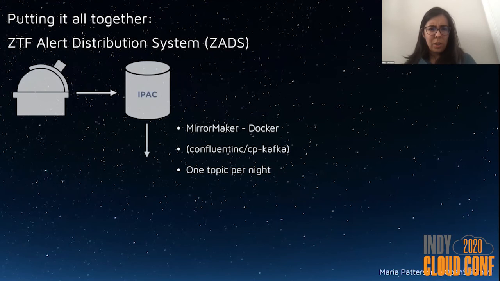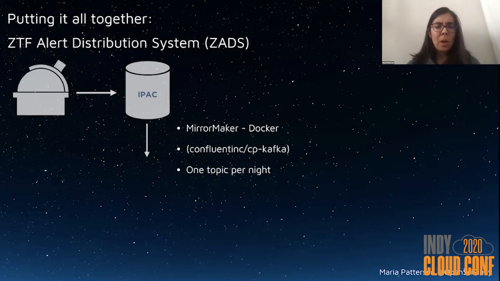The way that we implement parts of the pipeline using Kafka is that we have Kafka at different locations, and we run something called Mirror Maker, which is a tool you can use with Kafka to replicate entire data hubs. Mirror Maker also runs in Docker, in an image that was put out by Confluent, the company that maintains a lot of Kafka right now.